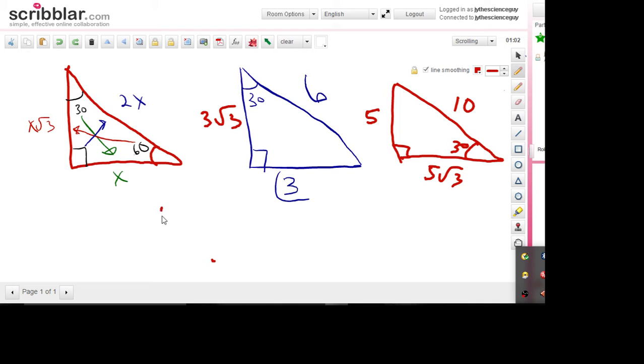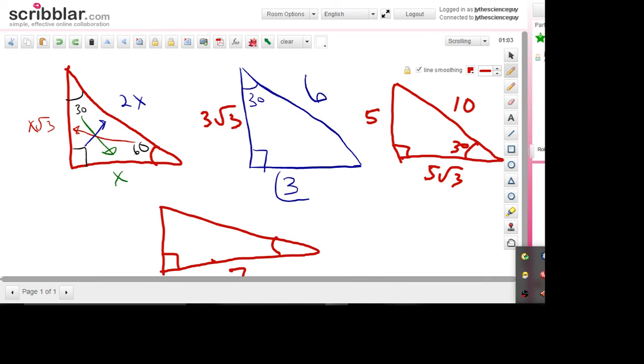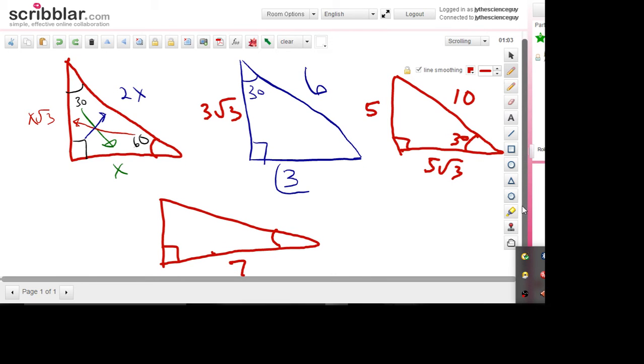Let's do another one. I put that on the wrong side, so let me move that. Oops. That's no good.